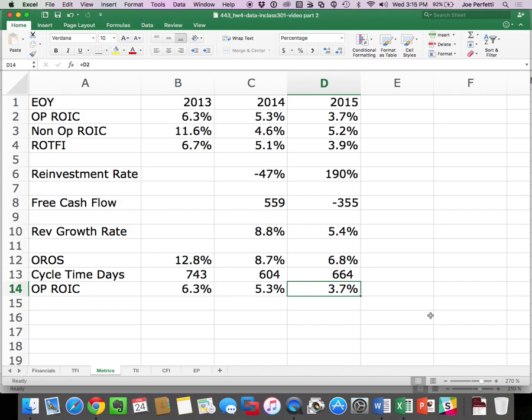So they have lower margins, the growth is slowing, and though productivity increased between 13 and 14, it got worse between 14 and 15. Why did the productivity, cycle time days, improve between 13 and 14? It has to do with invested capital relative to sales. What happened to their invested capital in 2014?